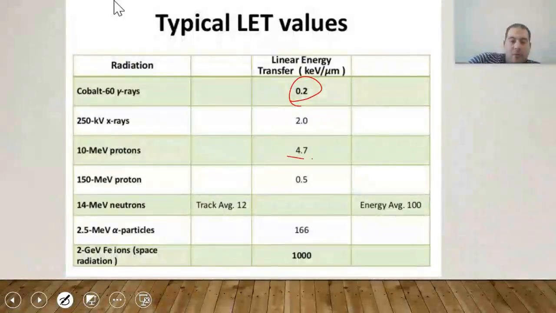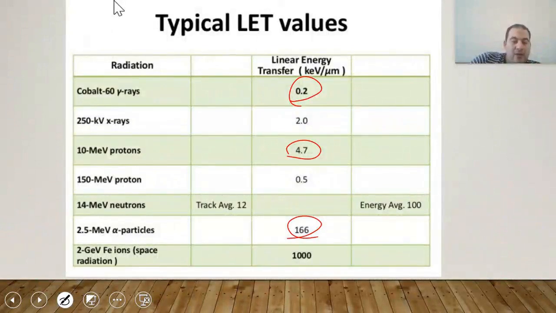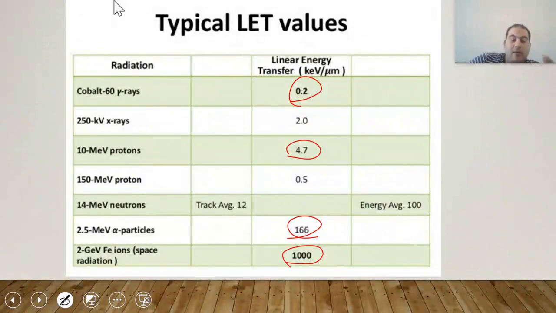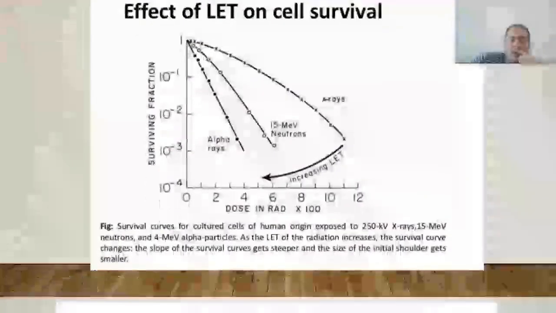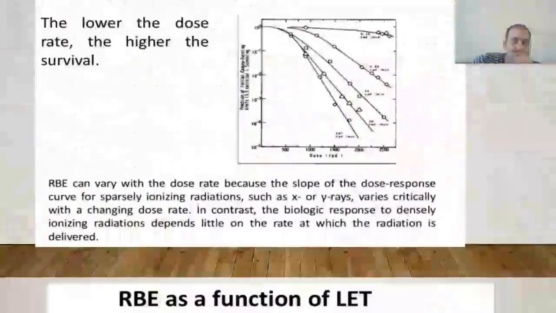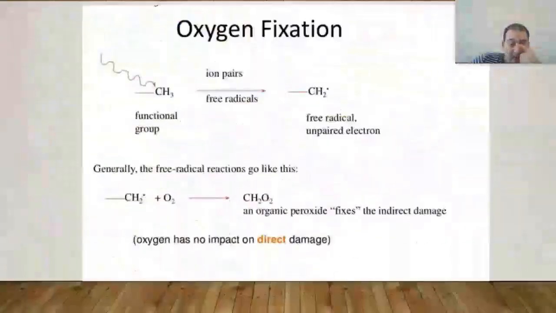For instance, alpha particles can have energy levels around 166 kilo electron volts. On the other hand, space radiation, which comes from cosmic sources, is very high, around 1000 kilo electron volts per micrometer. When comparing alpha particles to X-rays or gamma rays, for example, if we compare it to 250 kilovolts X-ray, the difference is significant. Now, what I want to say is that when radiation enters our bodies, it causes something called ionization.